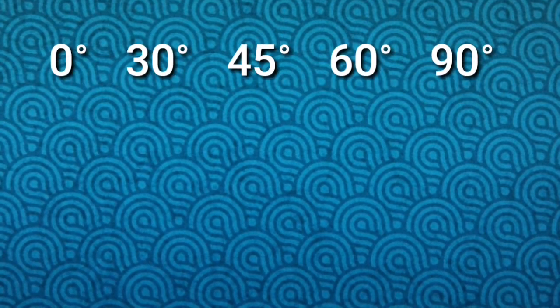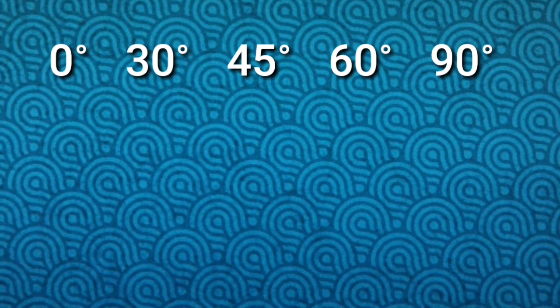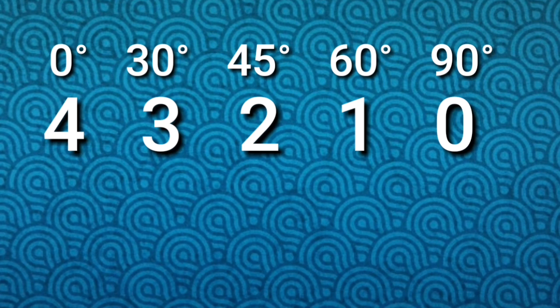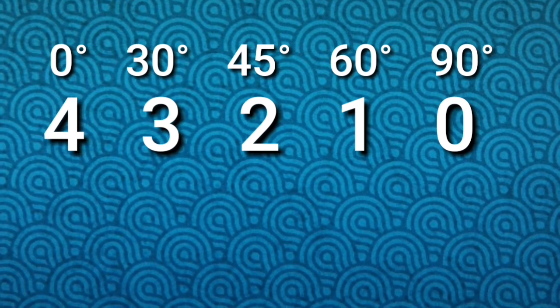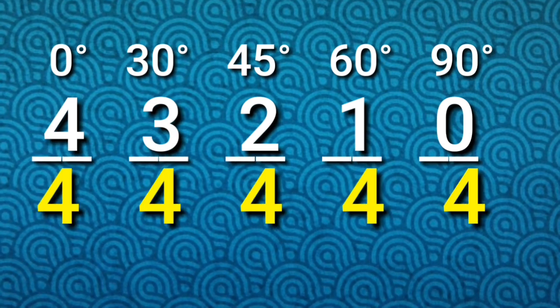Find cos theta. First, like sine theta, put the special angles in increasing order. But when you count 1 up to 4, we go from right to left, not like sine theta. Then put over 4, over 4, over 4, over 4, over 4.